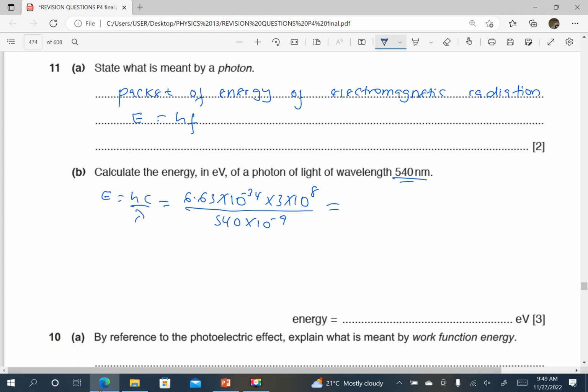So this is giving me 3.68 times 10 power negative 19. That is in joules. I'm going to convert it to electron volts. So I divide by 1.6 times 10 power negative 19. So from my calculator, this is 2.3 electron volts.